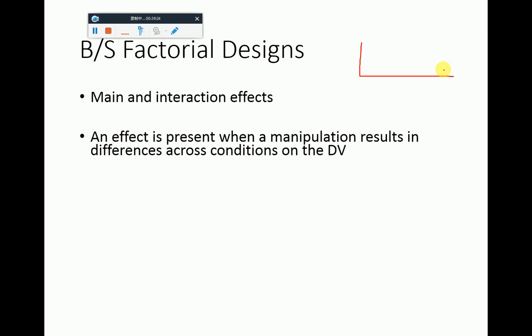So if we stick to this one-factor design here, warm, cold, this is a manipulation, right? Describing Mike or Aaron as warm or cold. So if we have 2 average scores, and these 2 average scores are different in the intended direction, the warm Mike is perceived as more friendly than the cold Mike, then we say this manipulation resulted in the difference across these two conditions, then an effect is present.